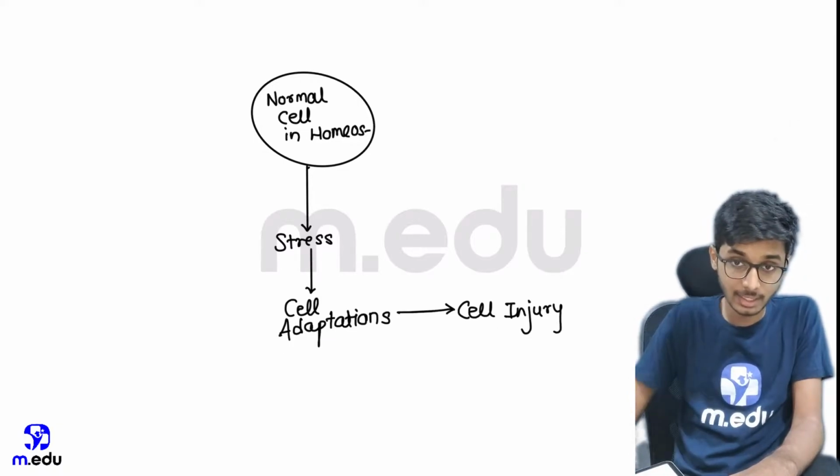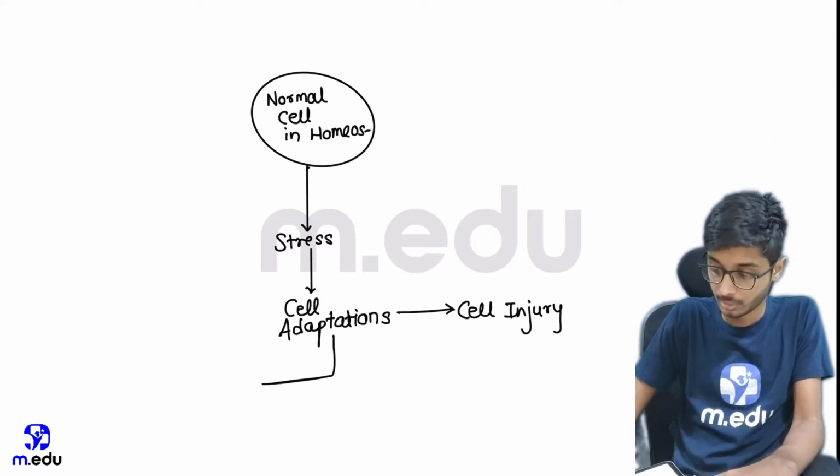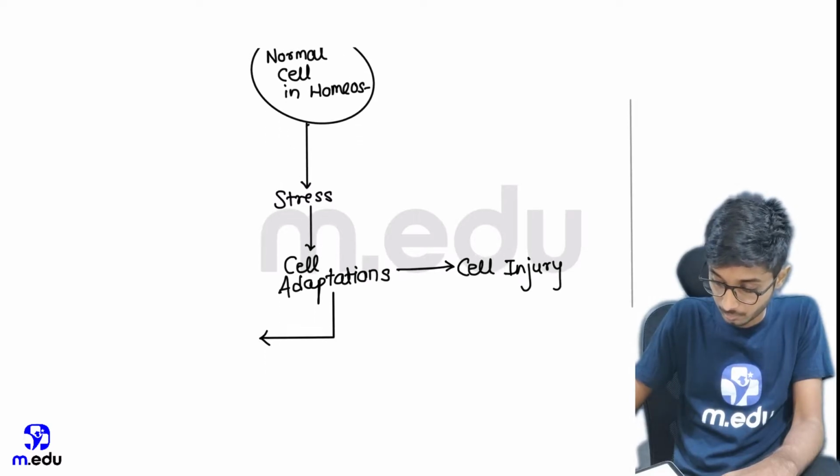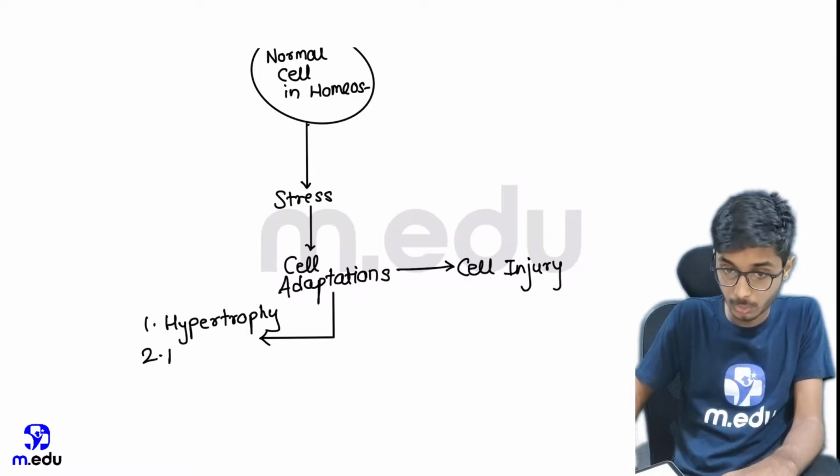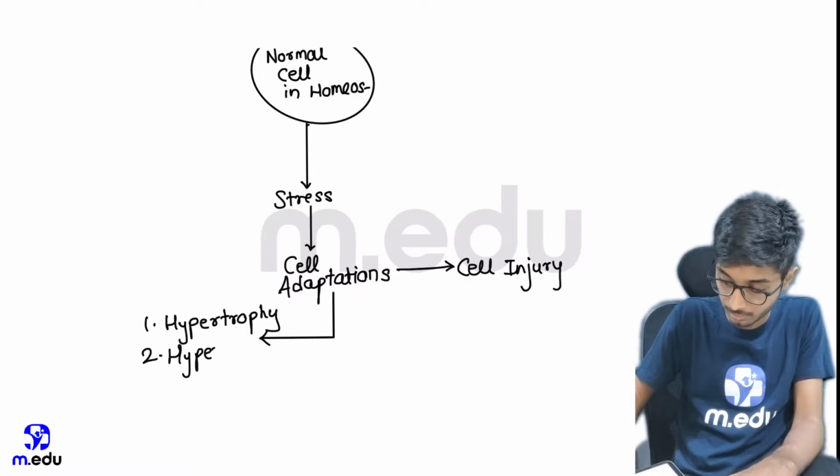Now, these cell adaptations are of four types. Number one is hypertrophy. Number two is hyperplasia. Number three is atrophy.